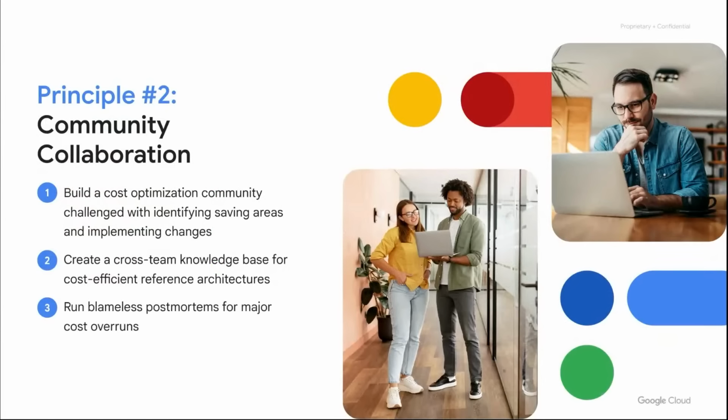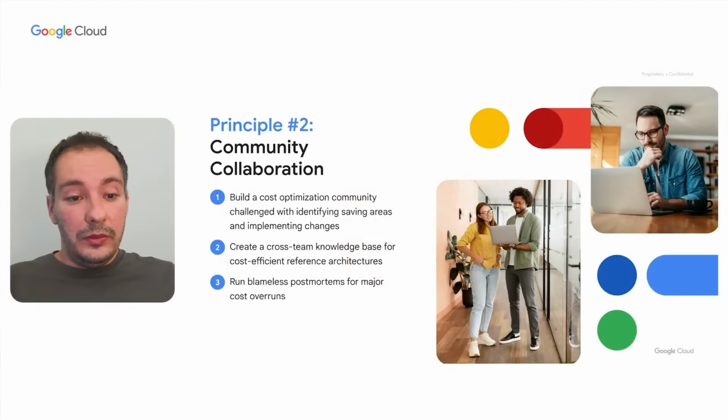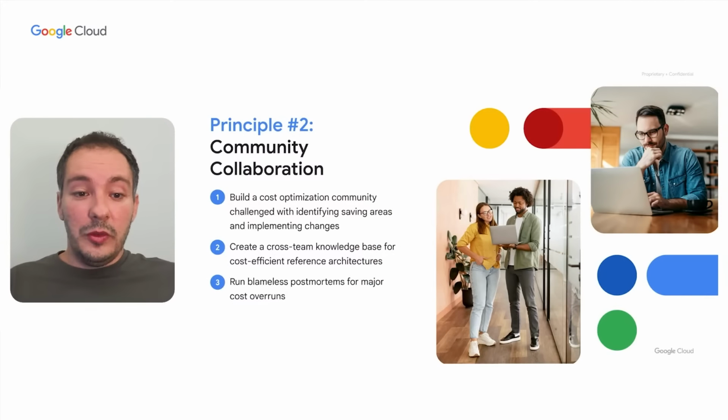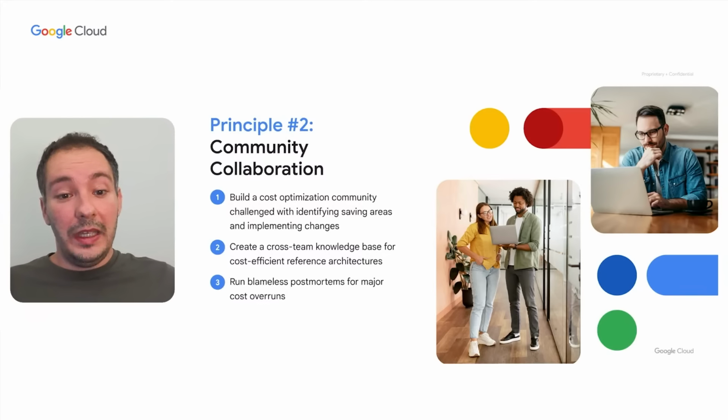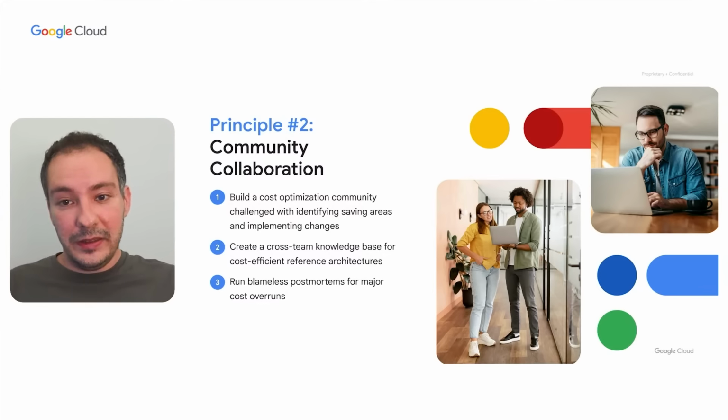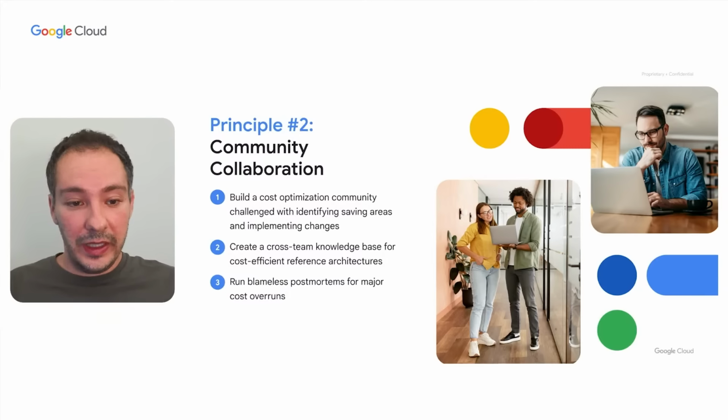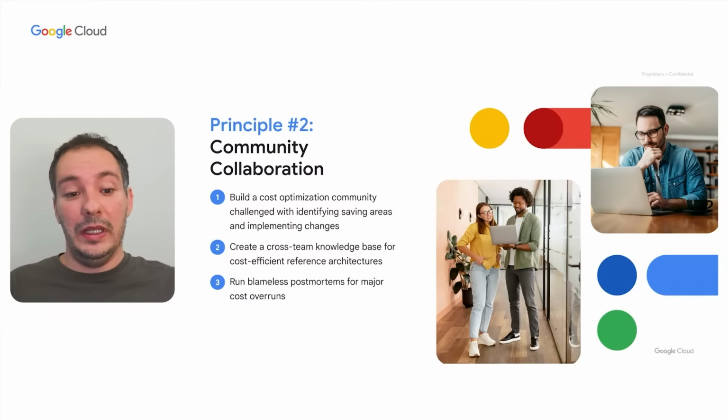Principle number two, guys, make some community collaboration across your company. For example, you can build a cost optimization community. You can create knowledge bases with best practices and important discoveries. And if something happens that generates a big cost, you can run post-mortems, but blameless.